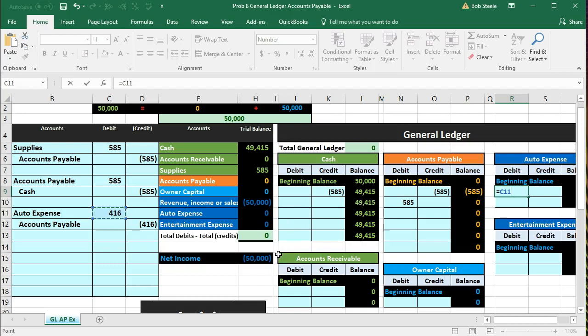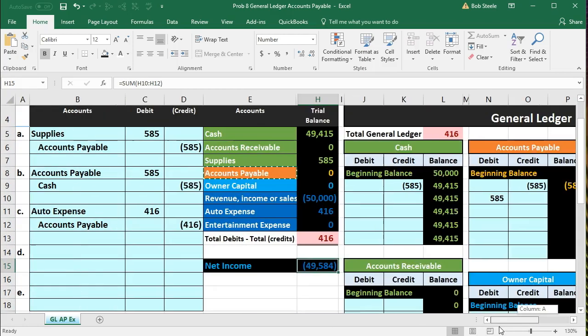Expenses increasing brings net income down. So there we have the 416 over here, 416 brought over to the trial balance, and we are out of balance by 416. Net income 50,000 minus 416 is 49,584. We're going to make this a bit larger again, go back up to 130.